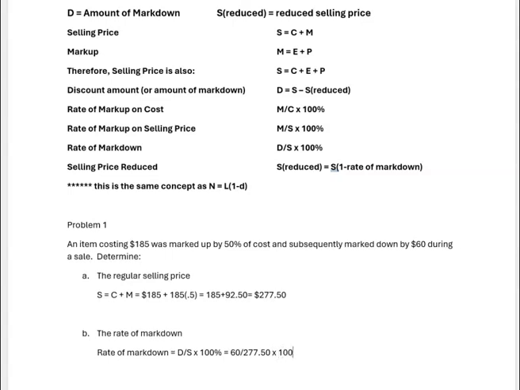Multiply that by 100% equals 60 divided by 277.50 equals 0.216, which equals 21.6%. Okay.